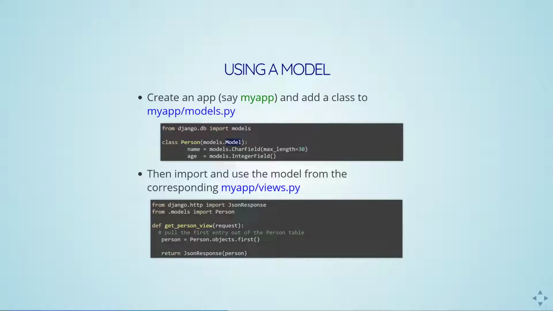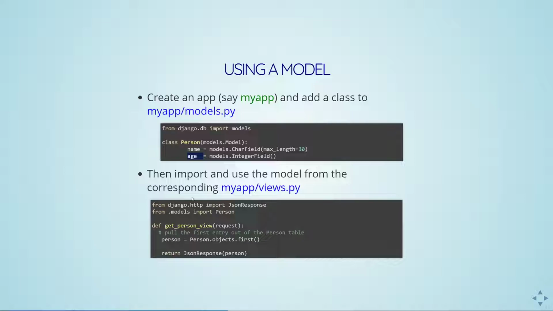It inherits from the model class. And then we'll give it two class attributes, name and age, that use these fields that are also from the models package. One is going to be a char field, so that's how we're going to store strings. And we need to specify the max length of a string here, so 30 characters should be good for a name. And one is going to be an integer field that we use to specify the age.